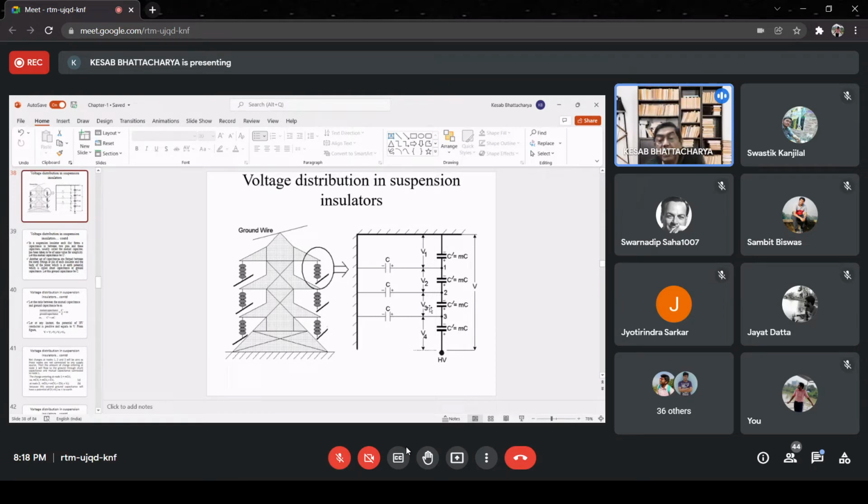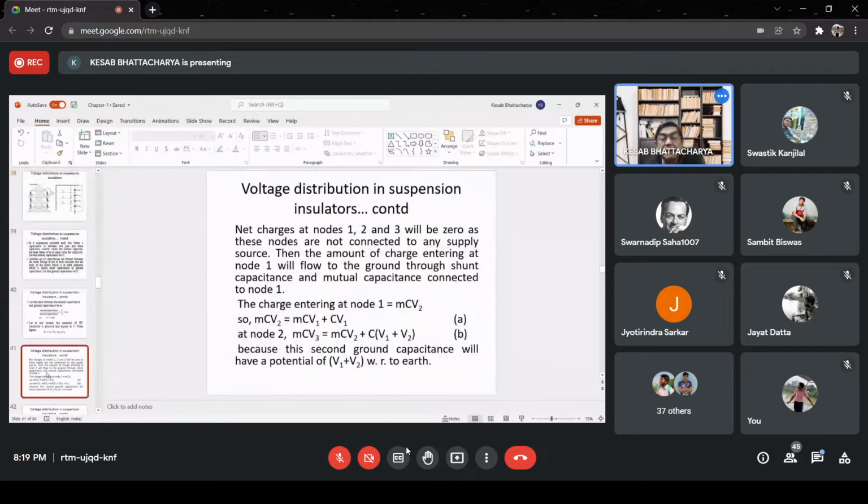That should be equal to MCV2 plus C into (V1 plus V2). So MCV3 is equal to MCV2 plus C into (V1 plus V2). That is our equation B.